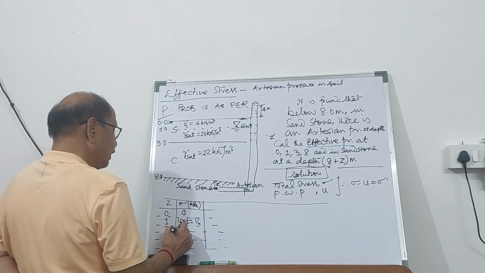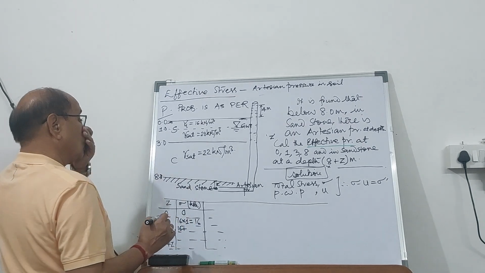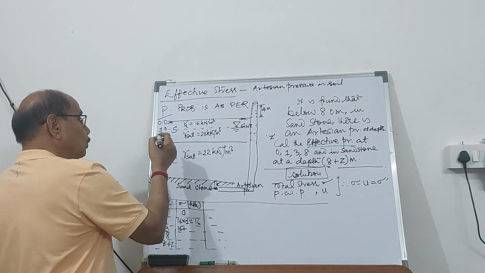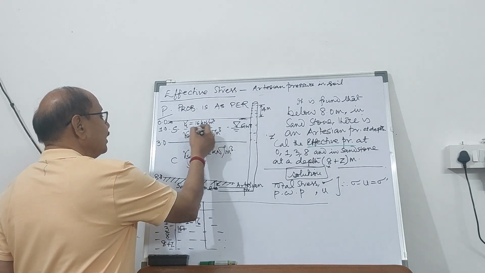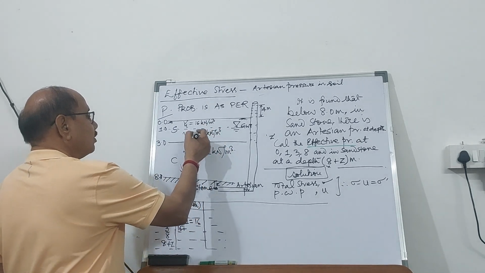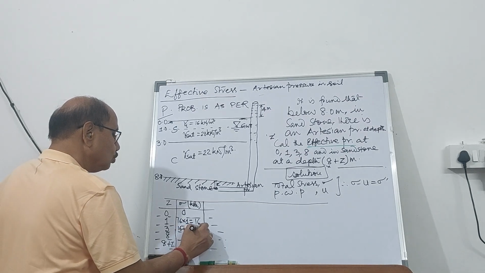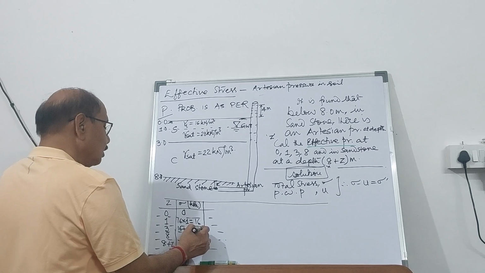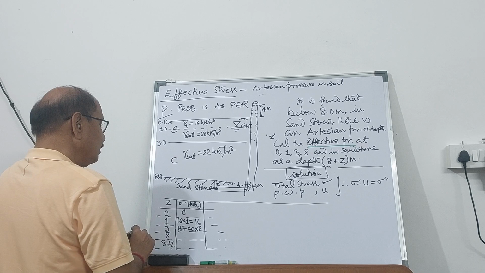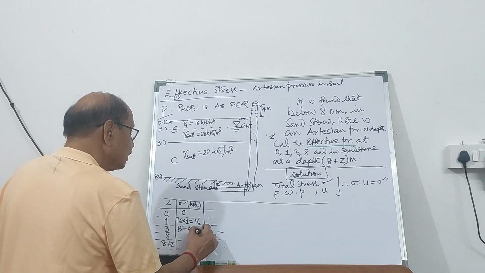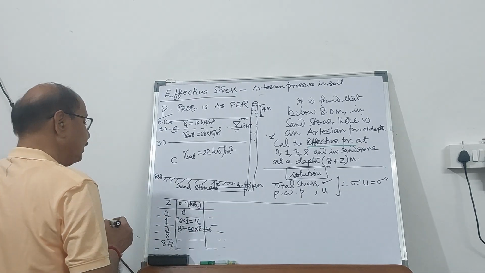Now at 3 meters, it is going to be 16 plus, for 2 meters, the unit weight changes to 20, so 20 into 2, that is 40, plus 16, it is going to be 56 kilopascal.